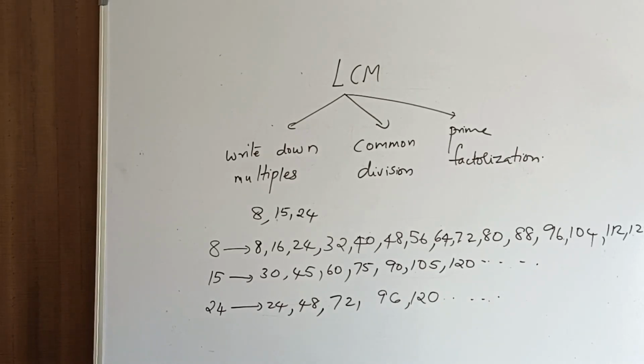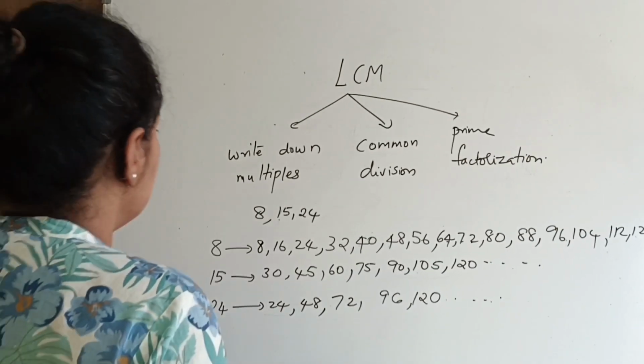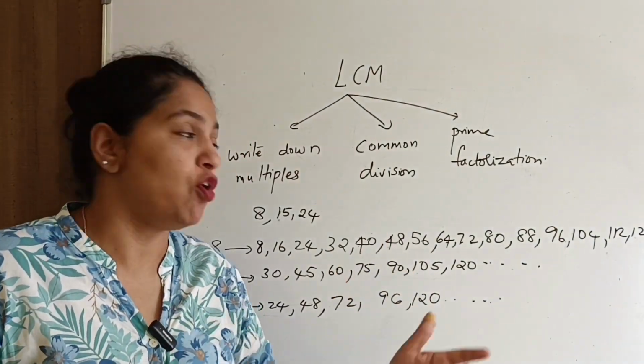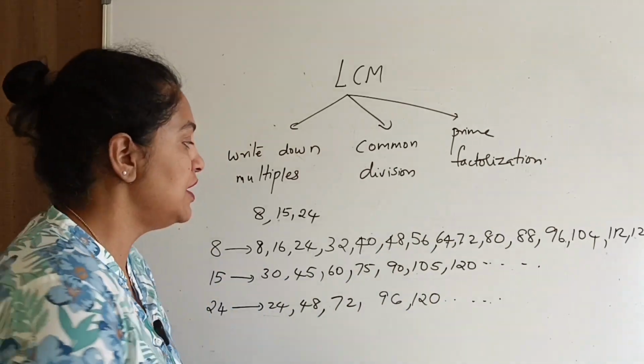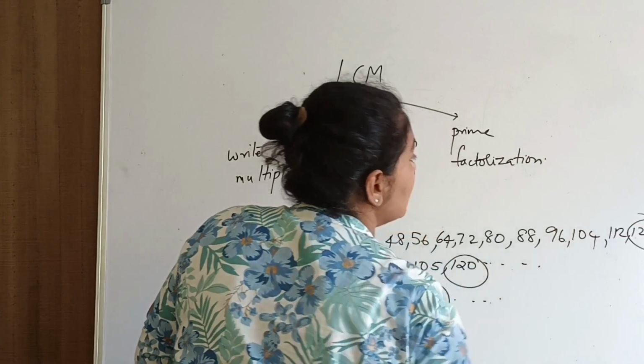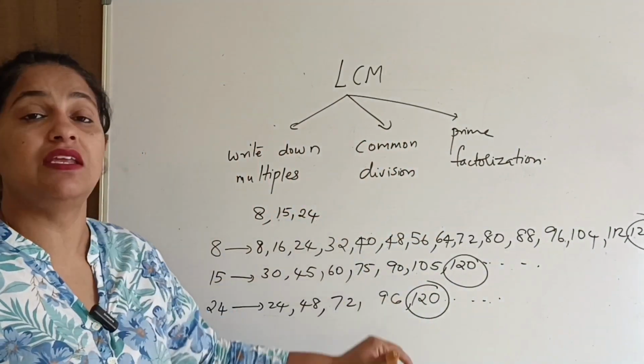The multiples of 8 I had to write till 120 in order to find a common multiple with 15 and 24. Since these 3 numbers do not have any other common multiple lesser than 120, 120 is our LCM for these 3 numbers.